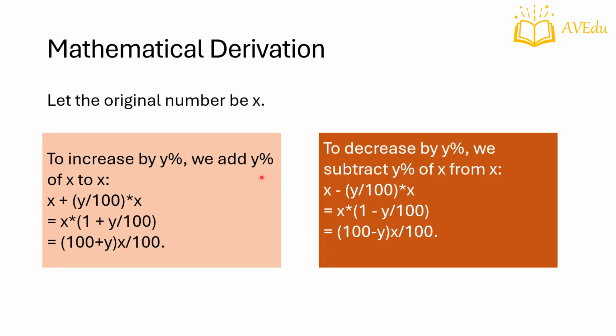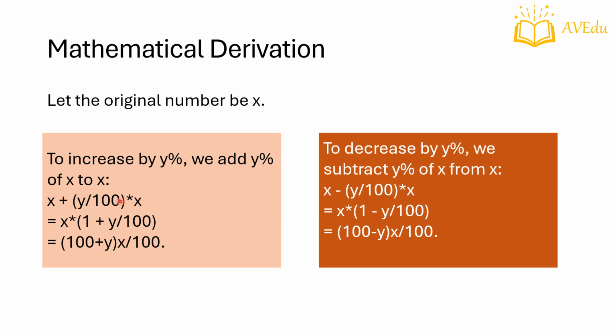Now let's rewrite these formulas step by step. Let the original number be x, and we want to increase it by y percentage. That means we want to add y percentage of x to x. So x plus y percentage, that means y divided by 100, and it is a percentage of what? It is a percentage of x.